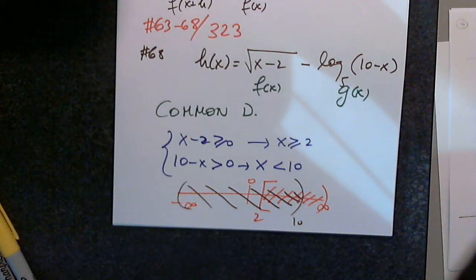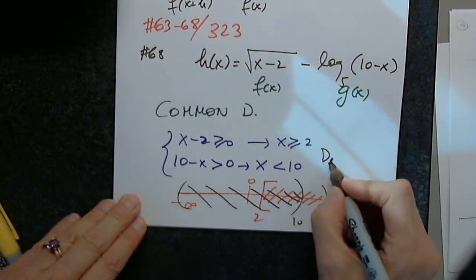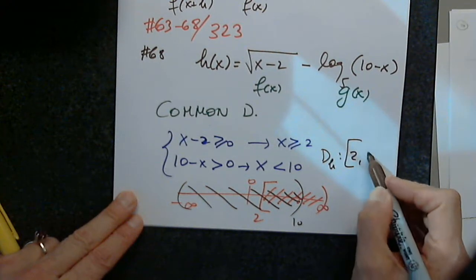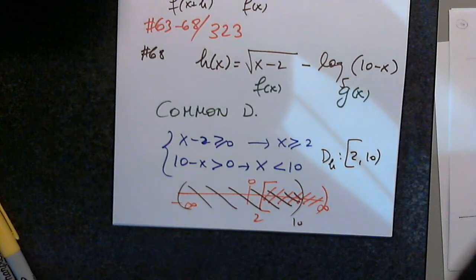If they don't, h of x means nothing. Because what's a function if I cannot plug anything in it? It doesn't mean anything. So the domain of h will be bracket 2, 10, parenthesis. Very good. Okay, next question or next topic.